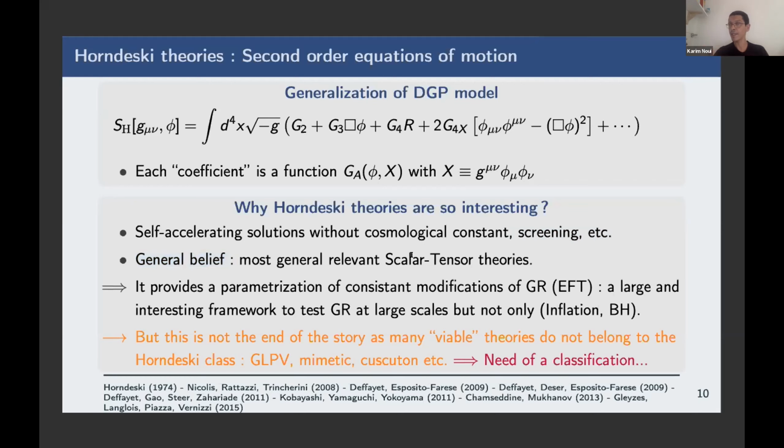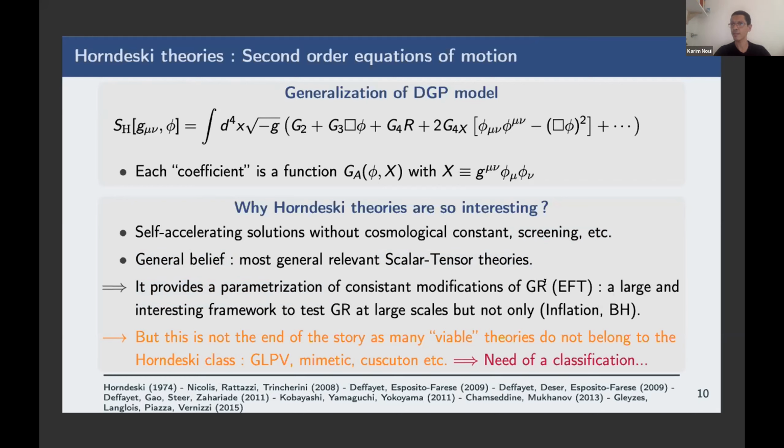And this is very interesting because if you have the most general, relevant scalar tensor theories, then you have a frame to construct a complete parametrization of consistent modifications of general relativity. In some sense, you could have an effective field description of modified theories of gravity.